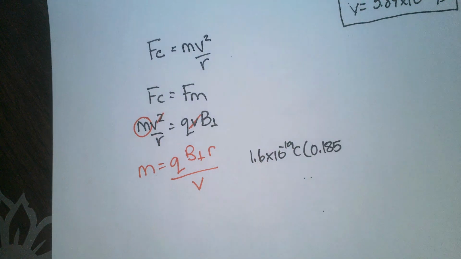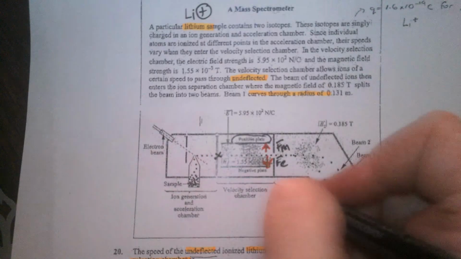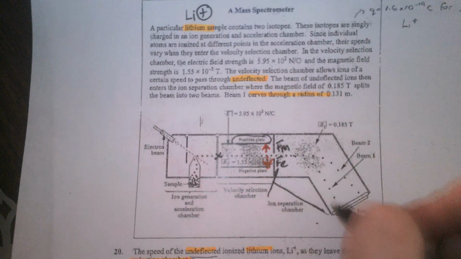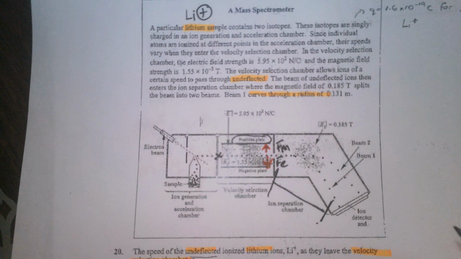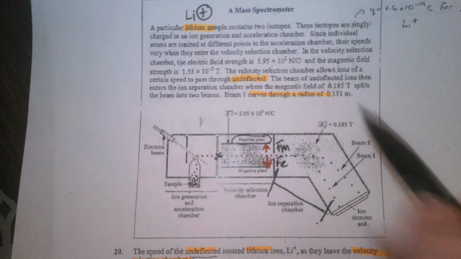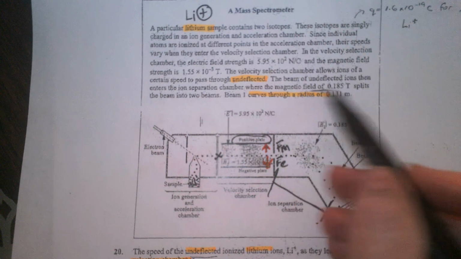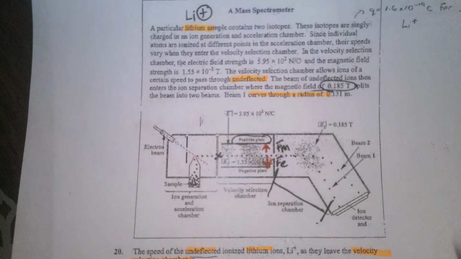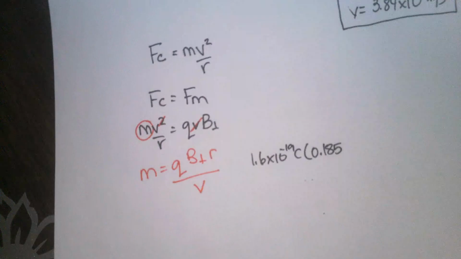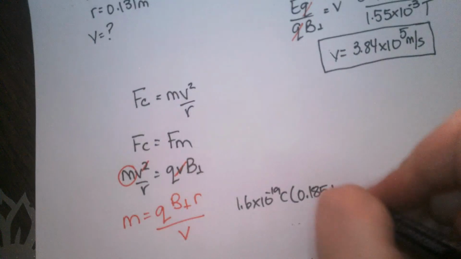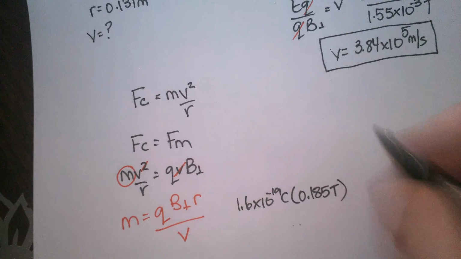Now this particular piece here is the ion separation chamber. And in the ion separation chamber, my magnetic field is 0.185. So that's the B2 that I'm going to use.